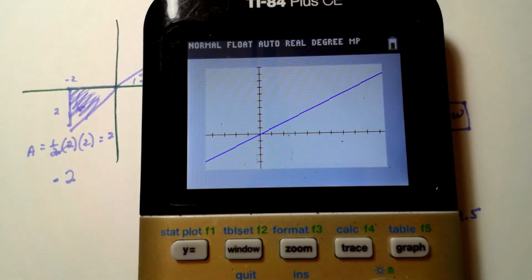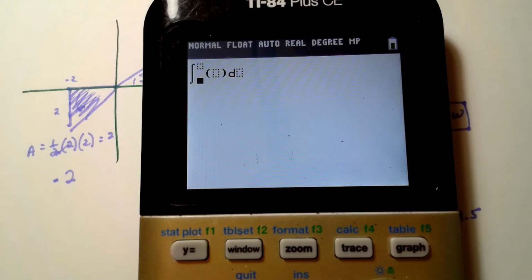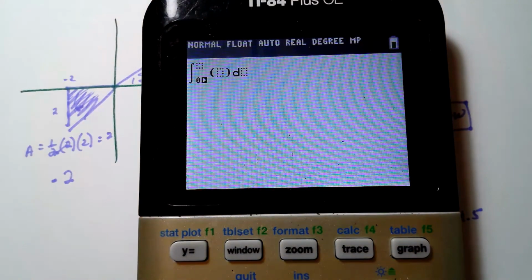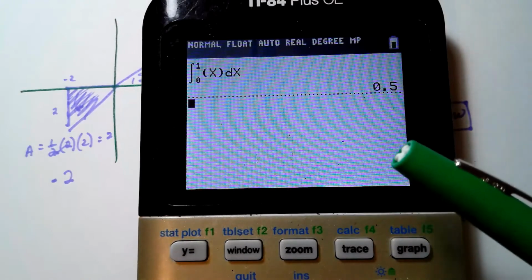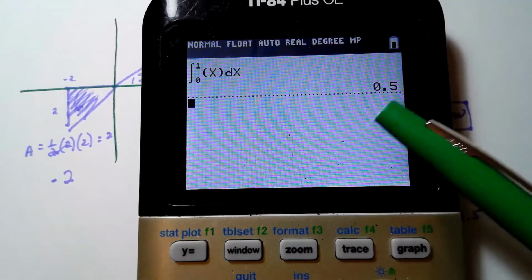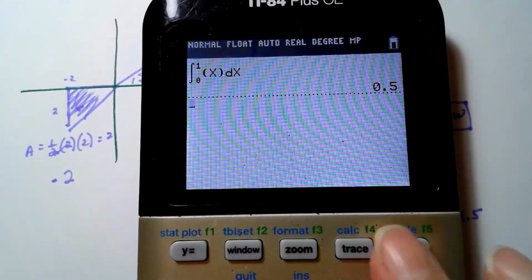So what I can do from the home screen is press Math 9, definite integral from 0 to 1 of x dx, and my calculator will give me the exact area.